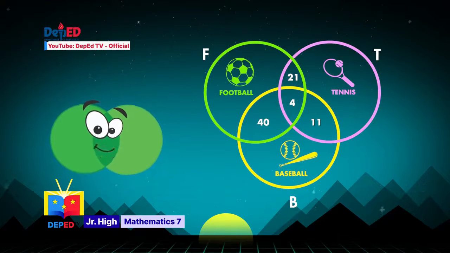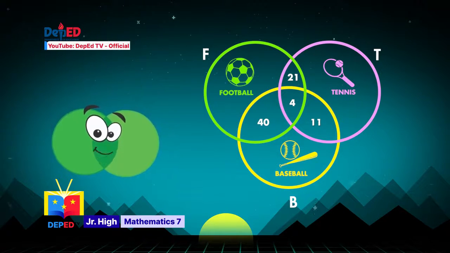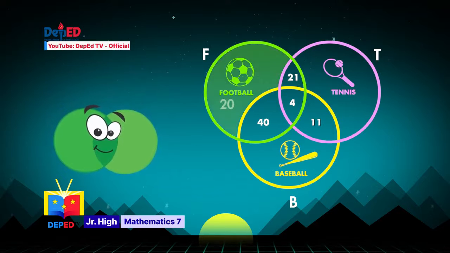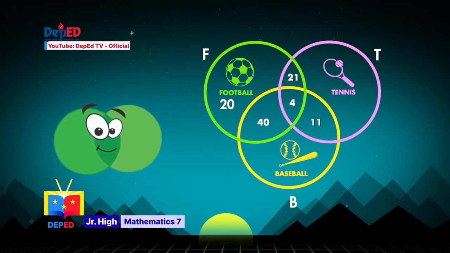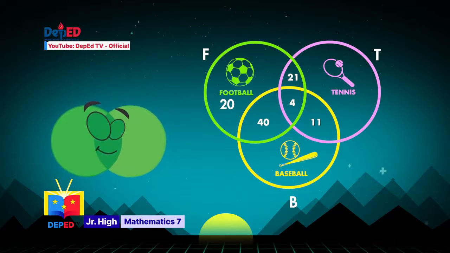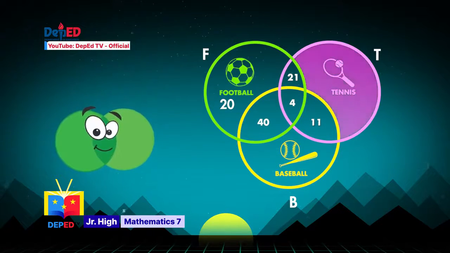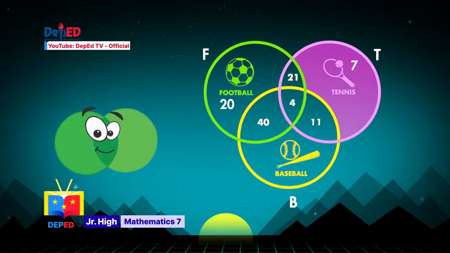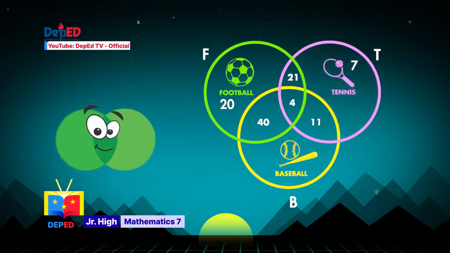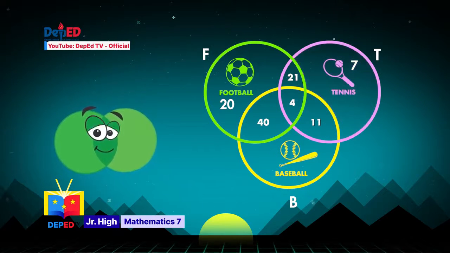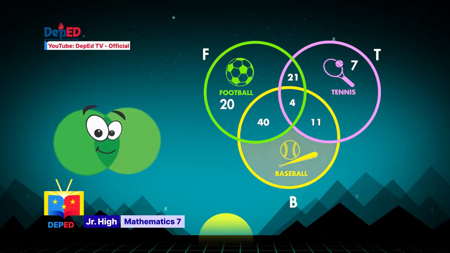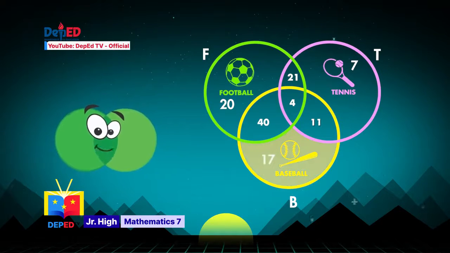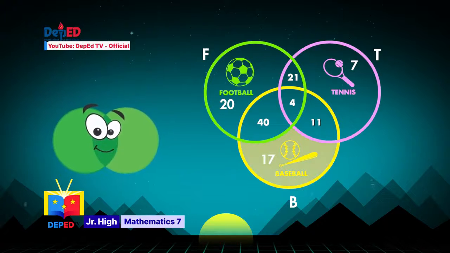Thus, the set representing members of the class who play football only has a cardinality of 20. Correct. While the set representing members of the class who play tennis only has a cardinality of 7. And last but not the least, the set representing members of the class who play baseball only has a cardinality of 17.